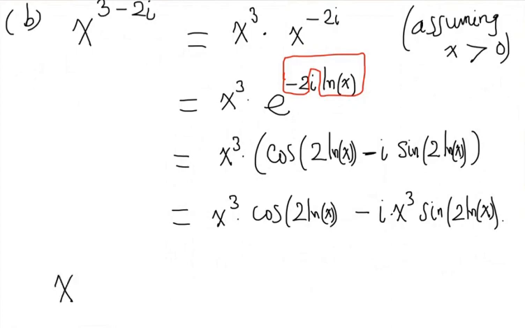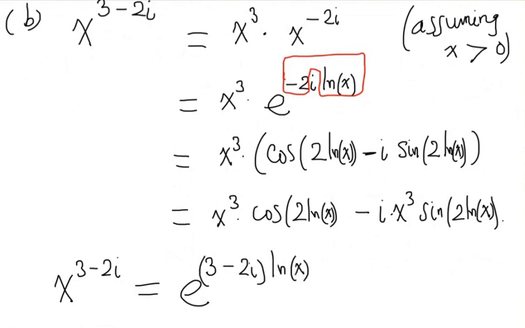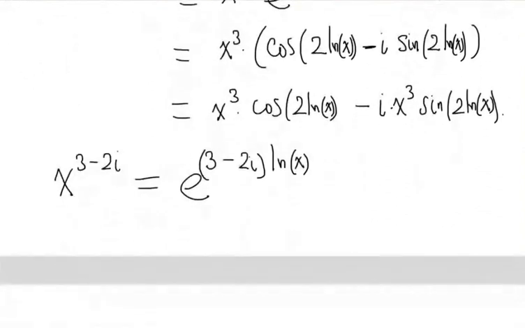Another way to do it is to use directly e raised to 3 minus 2i times log of x. And for this, we need to distribute log of x into each of these components.